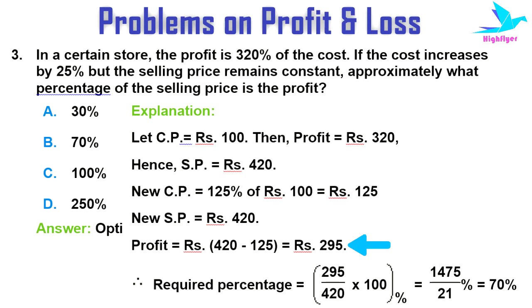So profit equals rupees 420 minus 125, that is equal to rupees 295. So the required percentage is new profit by selling price into 100, that is equal to 1475 by 21%, which is approximately 70%. So 70% of the selling price is the profit.